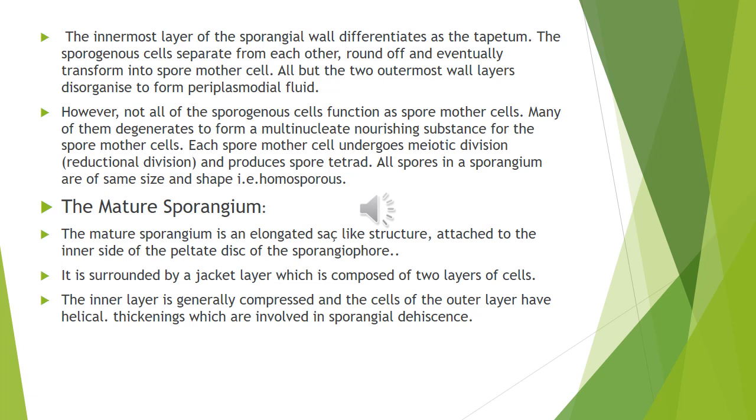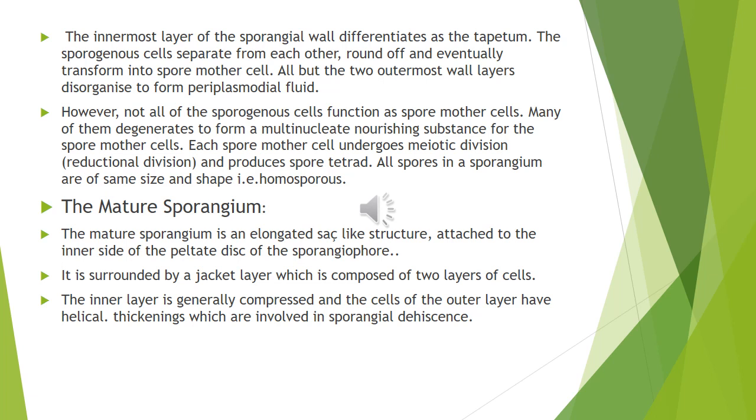The sporogenous cells separate from each other, round off, and eventually transform into spore mother cells. All but the two outermost wall layers disorganize to form a periplasmodial fluid. However, not all the sporogenous cells function as spore mother cells. Many of them degenerate to form a multinucleate nourishing substance for the spore mother cells.